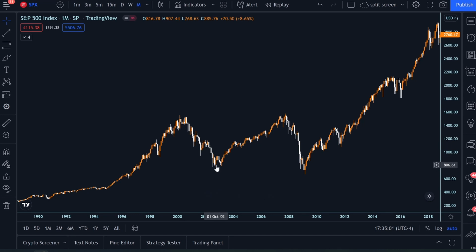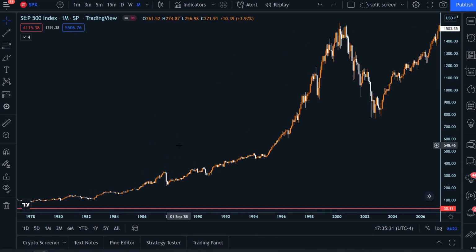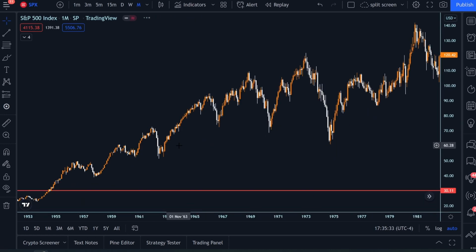It bottomed out around 2002, and we really didn't see all-time highs until 2007, which was followed by another crash. So this decade and a half was really rough. From 2000, you're pretty much not seeing all-time highs until 2013. So that's 13 years. But that is nothing compared to the Great Depression.